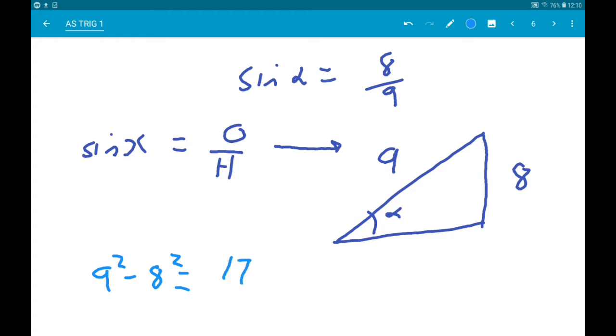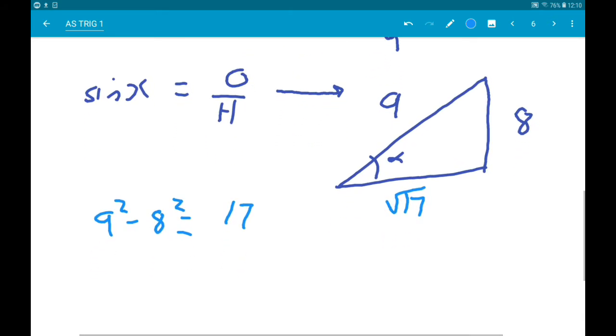So, this third length is root 17. So then finally, tan of alpha is 8 over root 17.